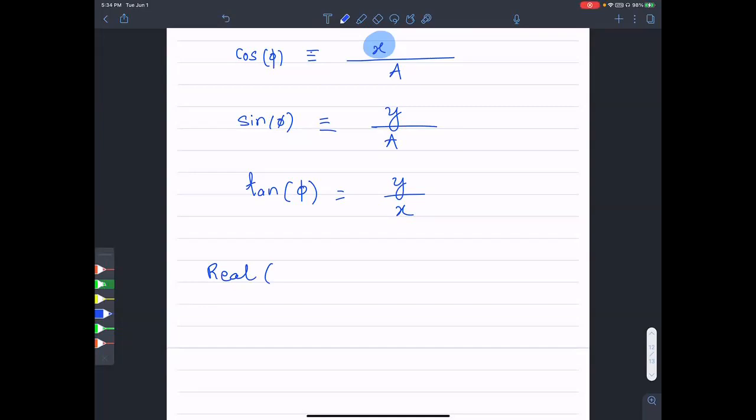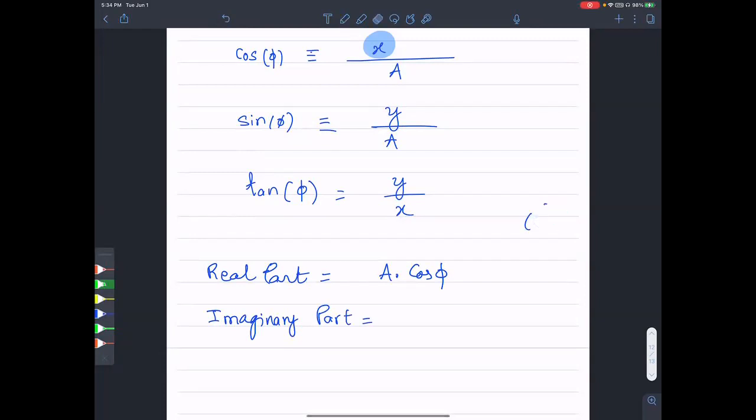The real part of e to the j phi is A times cos phi. Okay, the imaginary part, that's e to the j phi.